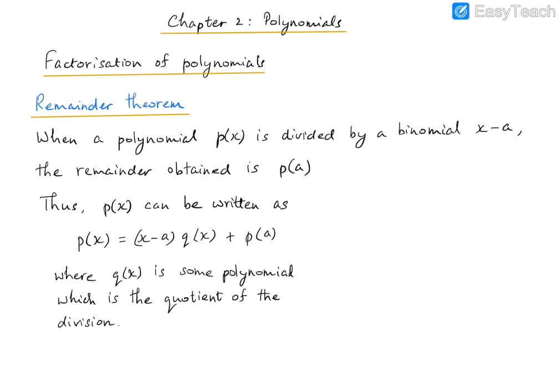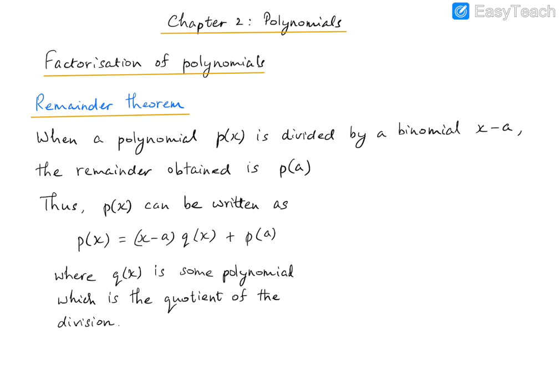If we are given a polynomial with some degree n, we want to represent that polynomial as a product of smaller degree polynomials, whose degrees are less than n, so that when we multiply those smaller degree polynomials, we get back our original polynomial of that higher degree.